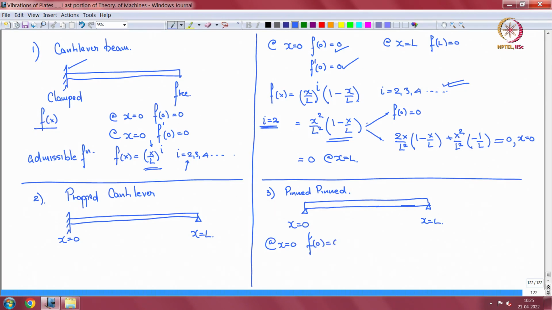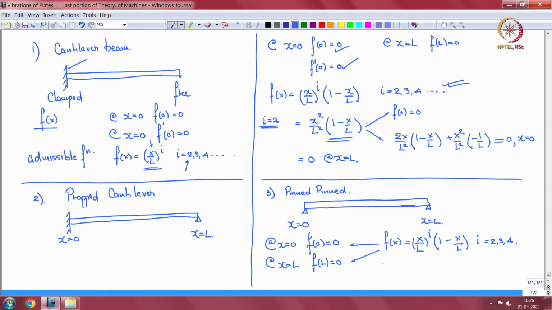F0 must be 0. And at x equal to L, f of L must be 0. So what are the admissible functions? Strangely the same as before. The possible admissible functions are x over L whole to the power i. This is because they need to satisfy only the geometric conditions. So the other conditions could be different. You can check f0 is 0 and f at L is 0.